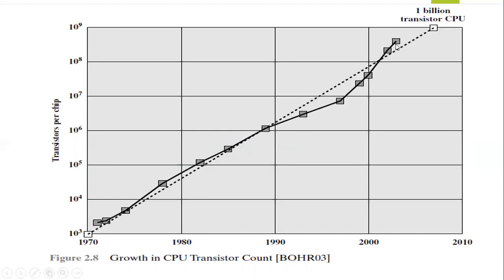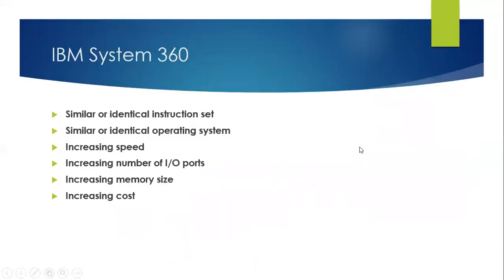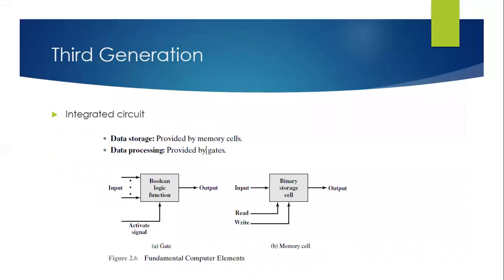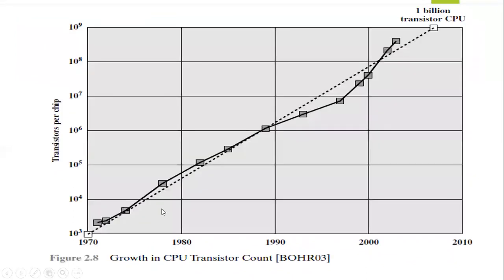You can see here transistors per chip, and these many transistors can be fitted on one integrated circuit chip. Okay, so up until 2010, it has reached up to 10 raised to 9 transistors per chip.